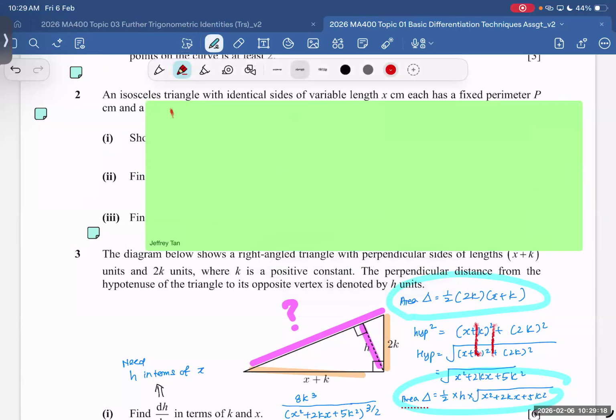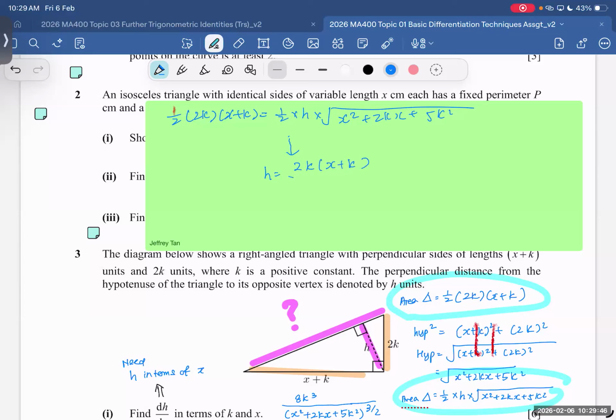Now the area is half times 2k times (x plus k) equals half times h times the square root of x squared plus 2kx plus 5k squared. Now I will fast forward a bit. You simplify, you get h in this manner. This is your h.